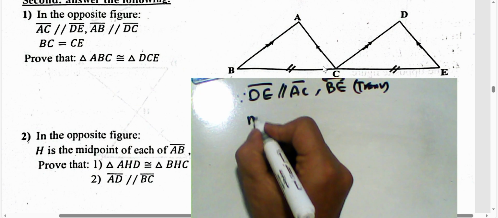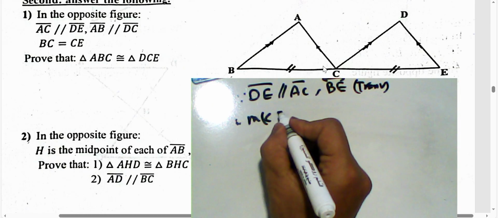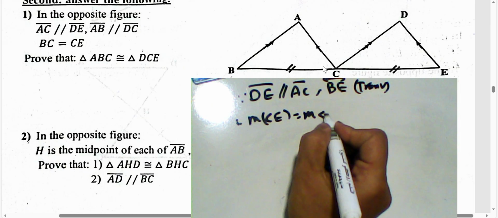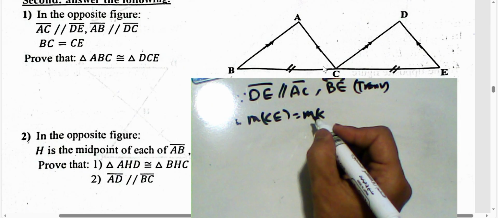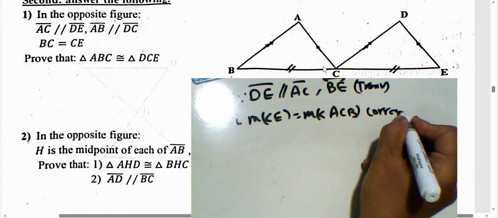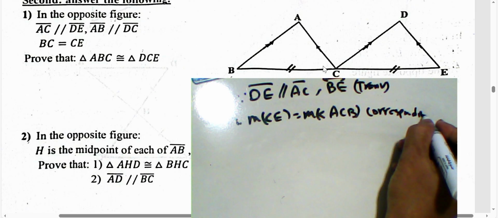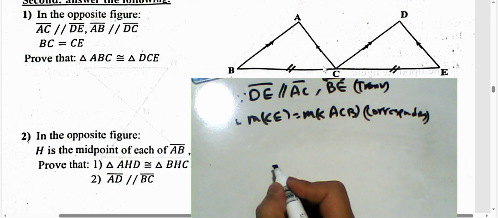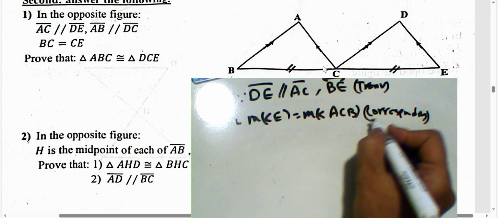Then the measure of angle E is equivalent to the measure of angle ACB. We call them corresponding angles. It's relation number 1.